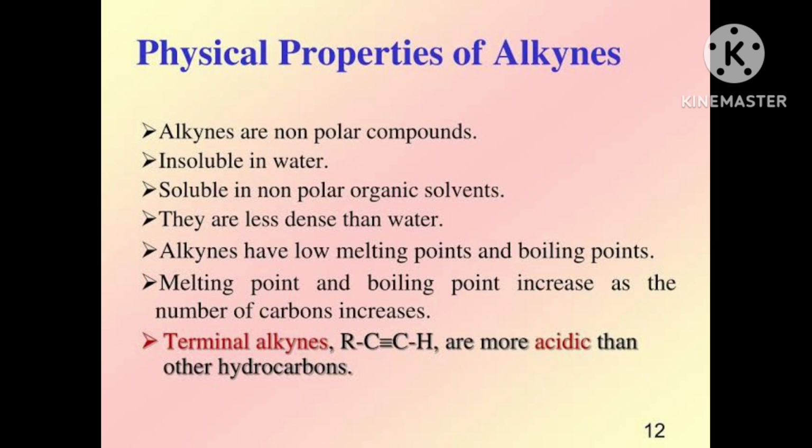Only on this positive carbon cation will X negative join, and it will form vinyl chloride. Okay, the addition product formed depends upon the stability of vinylic cation.